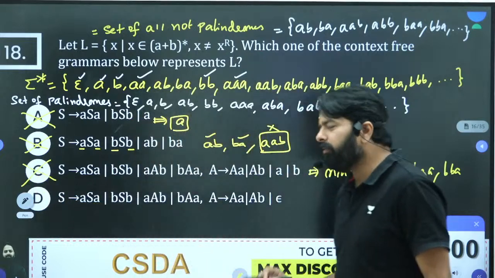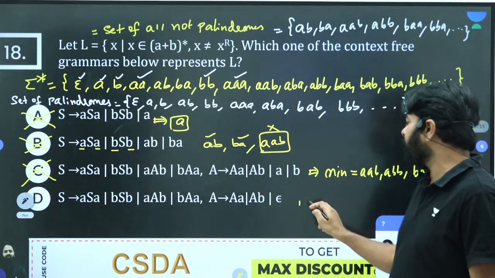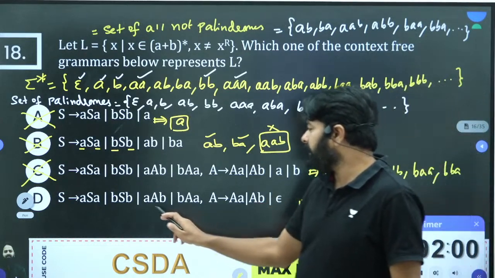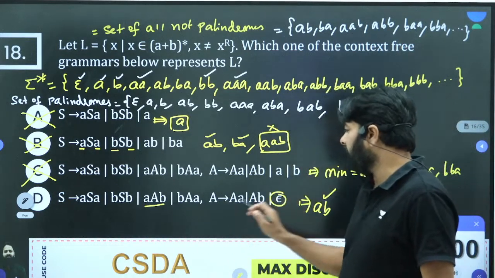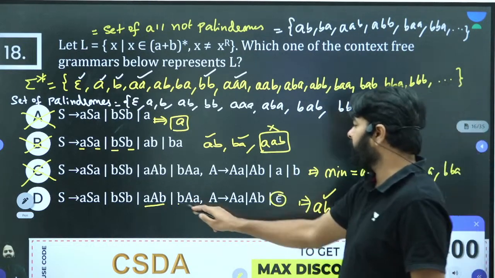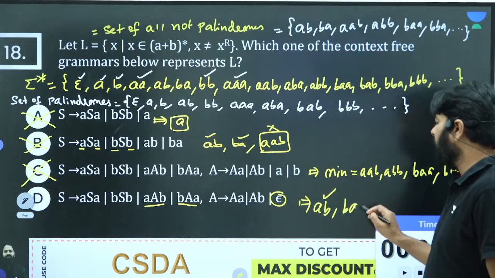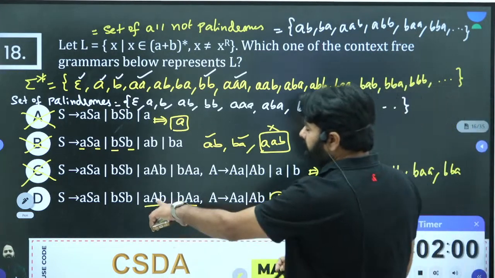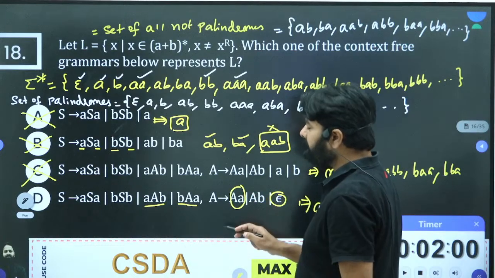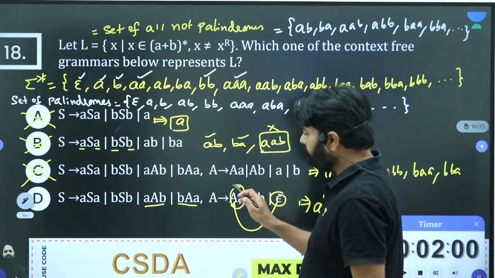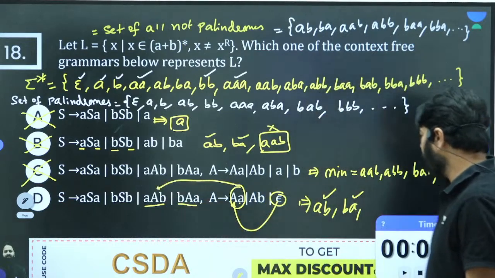Blindly we can choose D, but we will cross check, is it really doing the same? AB generated, because how? You can take AB here by putting epsilon there. If you put epsilon here, AB comes out. And similarly BA from here by putting capital A as epsilon. And if you look at the remaining strings, are they going to be the same? Capital A, when you put this capital A, small a and A with epsilon, put this epsilon here and put this here, you can get AAB.